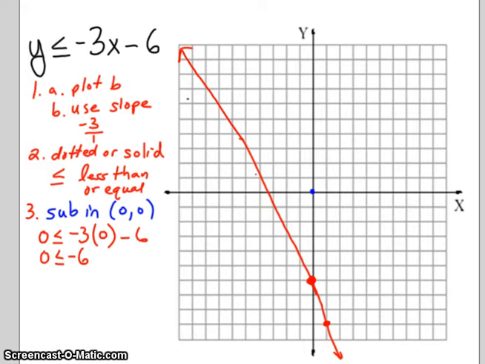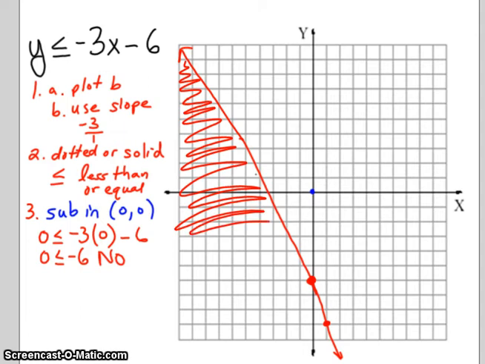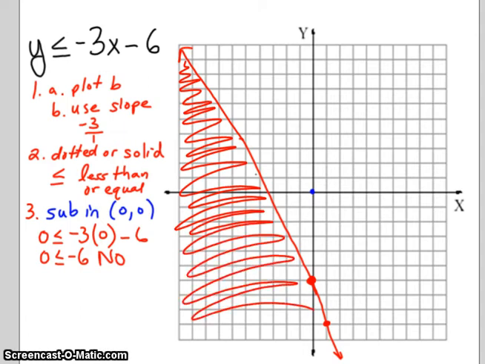Alright, is that true? Is 0 less than -6? No. That's not true. So we're not going to shade the side with the point. Alright, so this side right here is not our answer, because our point 0, 0 is on that side. It's this side right here, including the line because it's less than or equal to. Alright, and there's our answer for number 2.